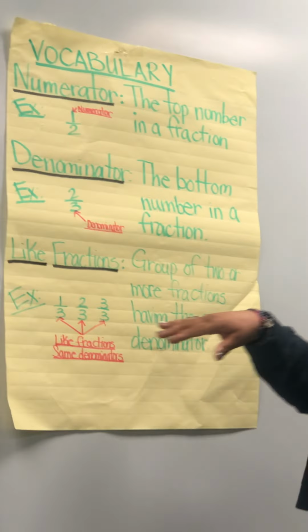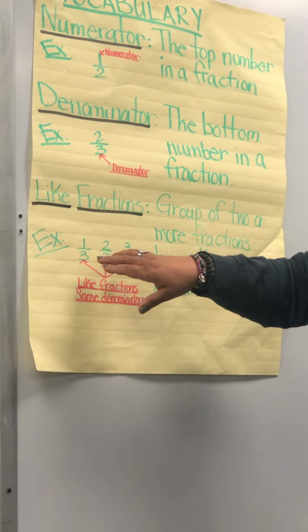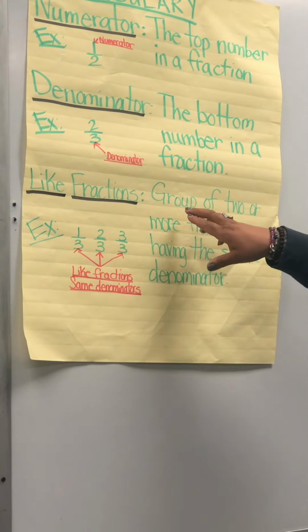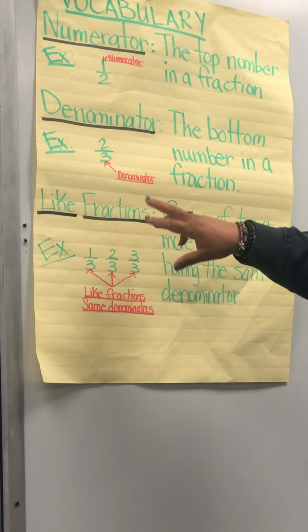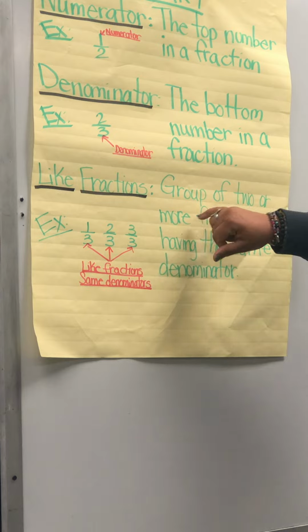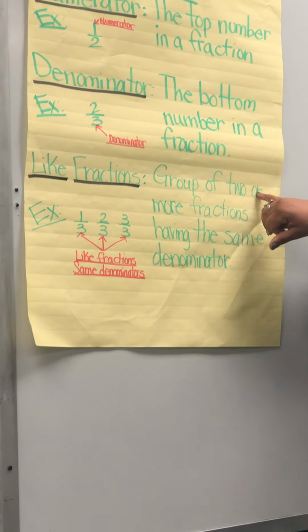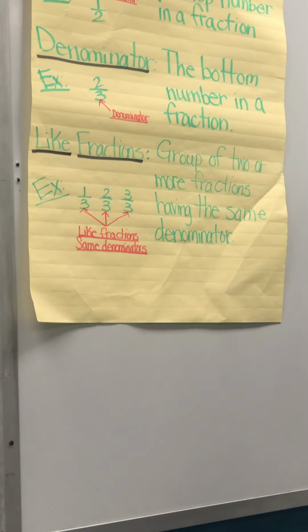Okay, so now these are called like fractions that we have an example of. Wait, let me go back. I need everybody to read with me and follow along. Like fractions are a group of 2 or more fractions having the same denominator.